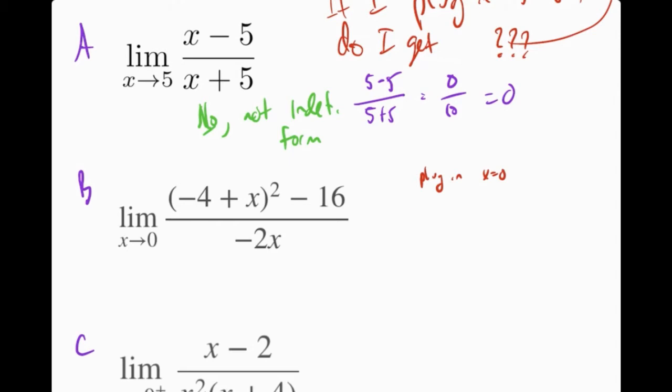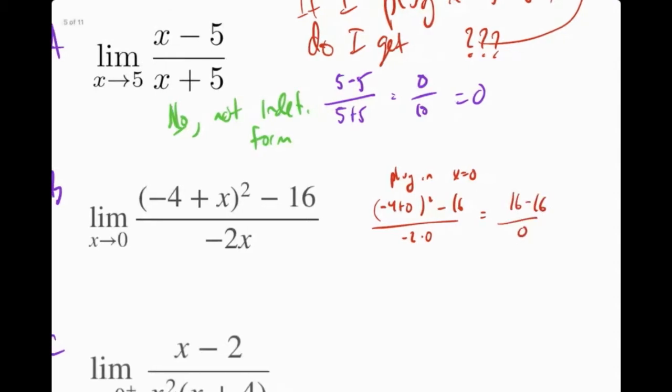And I'm going to get (minus 4 plus 0) squared minus 16 over minus 2 times 0. Let's see here, minus 4 squared is 16. Uh-oh. And when I say uh-oh, I'm saying it for dramatic effect. It's not actually a problem. We can work through it. 0 over 0. Yes, limit B is an indeterminate form.